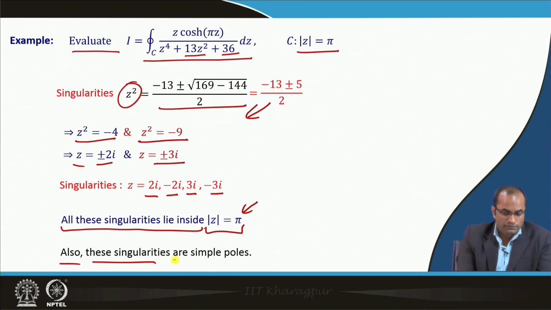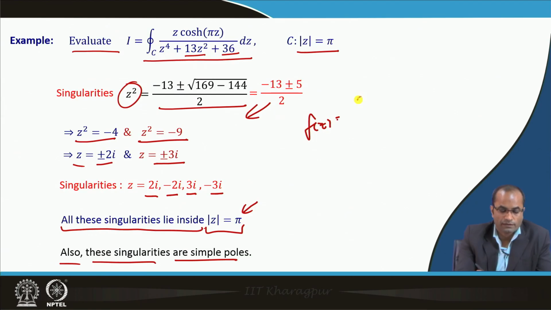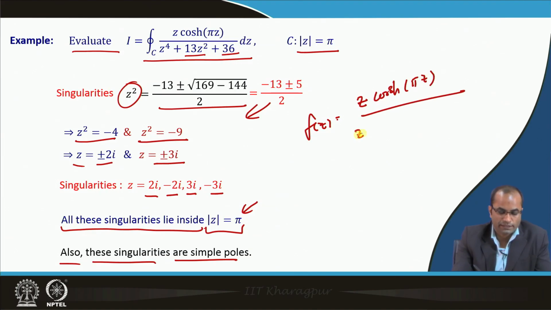And again, now we have the idea, we do not have to check each and every case, because your function is now like z and then cosh pi z, divided by z minus 2i, then we have the z plus 2i term, we have the z minus 3i term, we have the z plus 3i term.